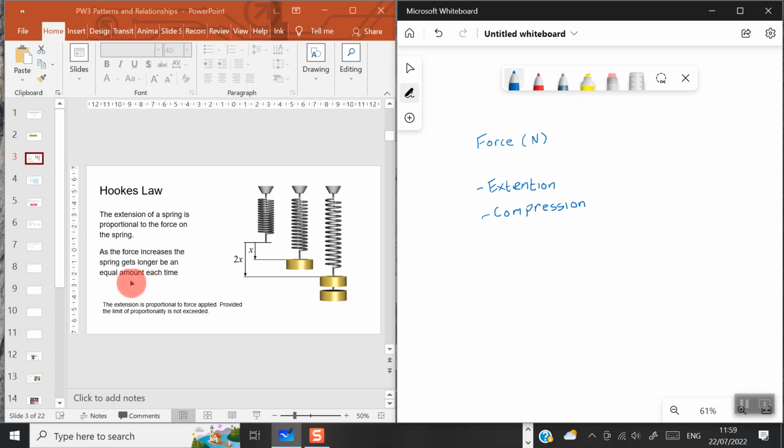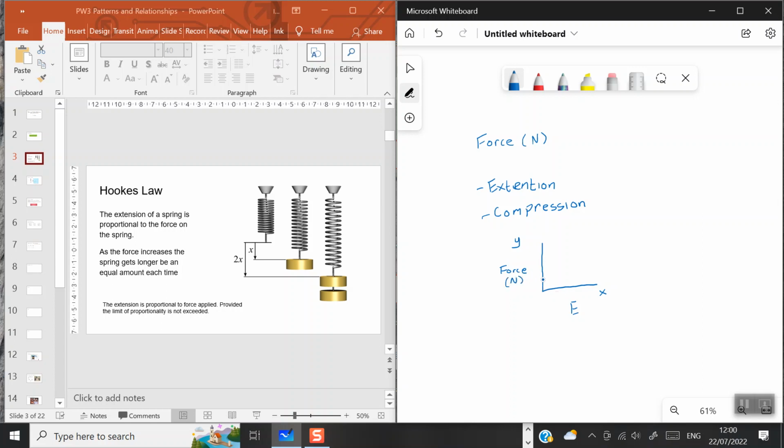As the force increases, the spring gets longer by equal amounts each time. So imagine we have a graph like this, and along the bottom, my x-axis, we have extension, abbreviated with E, and on the y-axis we have the force in newtons.